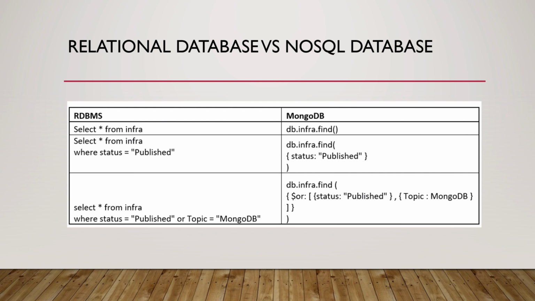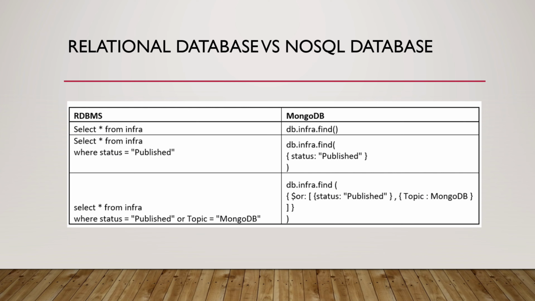So, relational database and NoSQL database. In a relational database, you query like select star from infra, selecting a table. But over here, you need to query like db.infra.find.